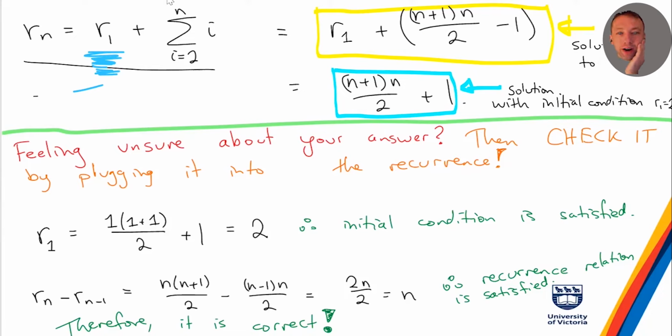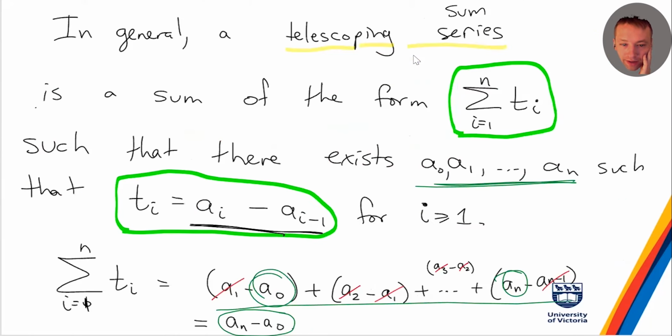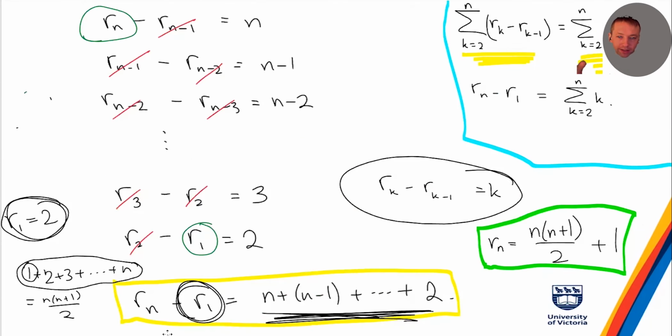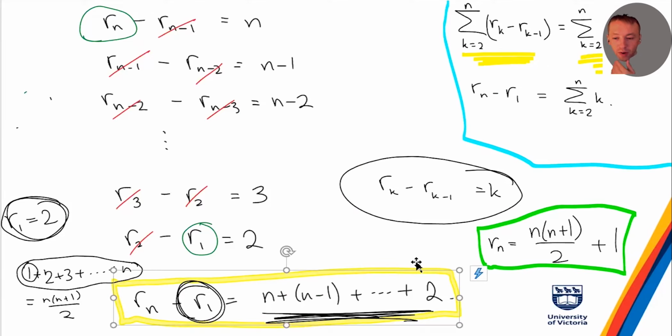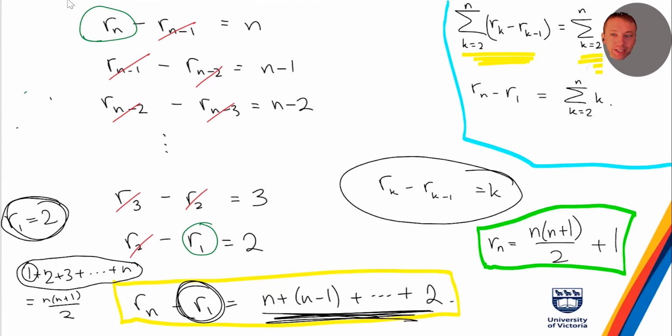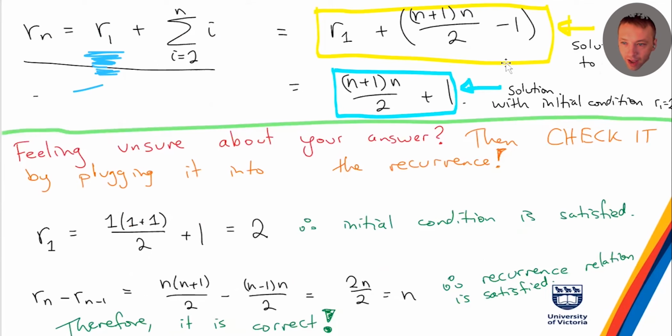Rn is equal to R1 plus this sum, which is n times n plus 1 over 2 minus 1. I would say that this is the general solution to the recurrence relation Rn equals Rn minus 1 plus n.